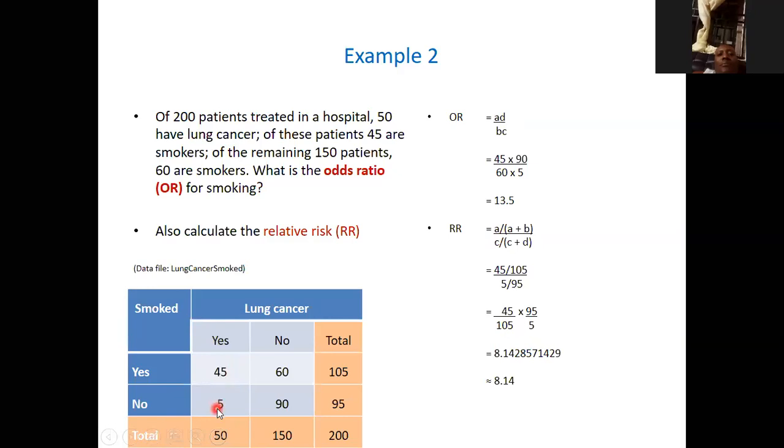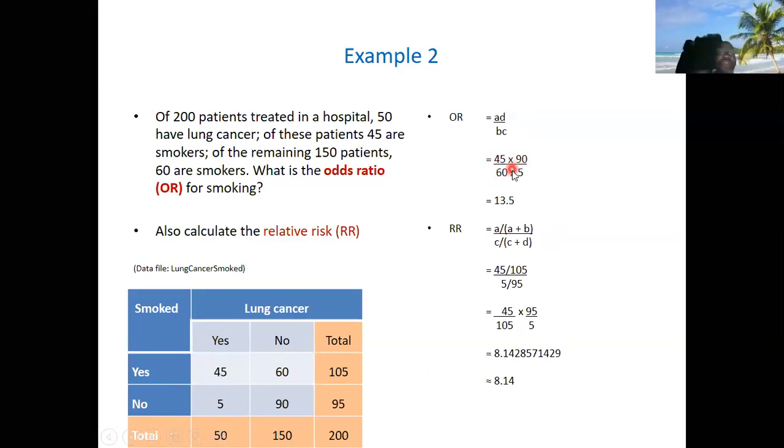You know the odds is the probability of the event over the probability that the event does not occur. Event over non-event. So at the end of the day, it will be 45 over 5. You do the same thing for the people that don't have lung cancer, it will be 60 over 90. So 45 over 5, 60 over 90.